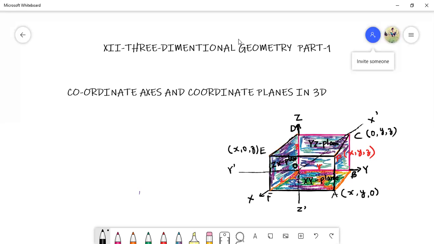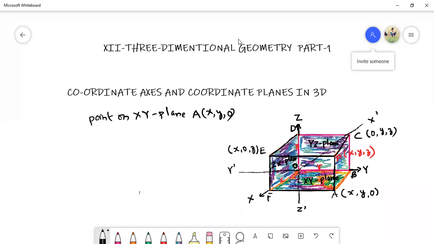Now, these are the points which lie on the XY plane, YZ plane, and ZX plane. So the point on the XY plane is A, whose coordinates are x, y, and 0.